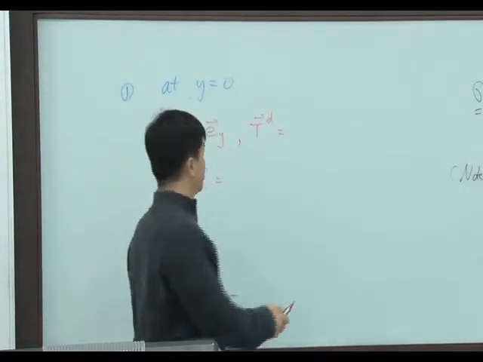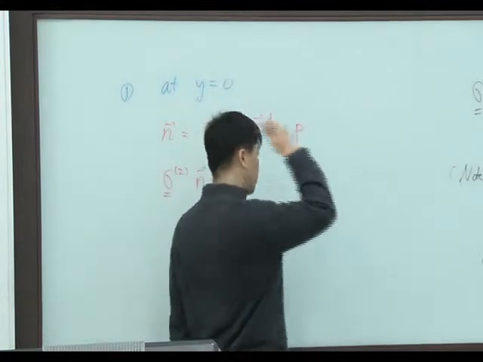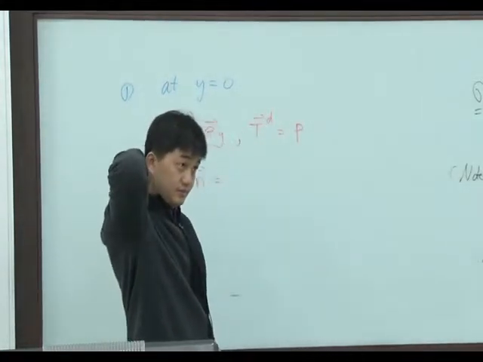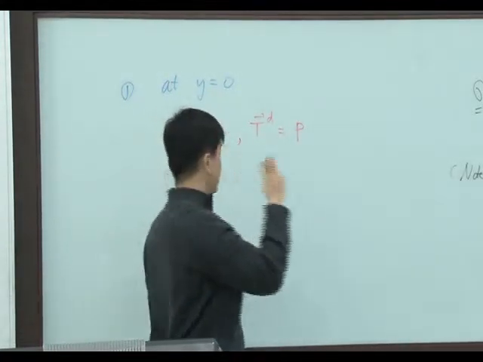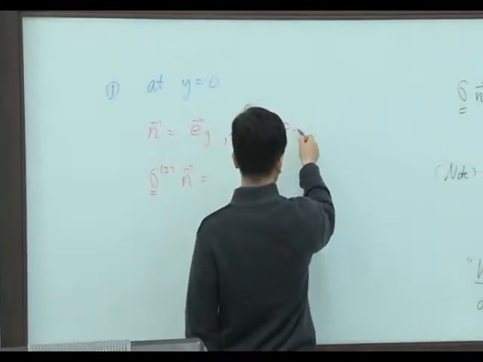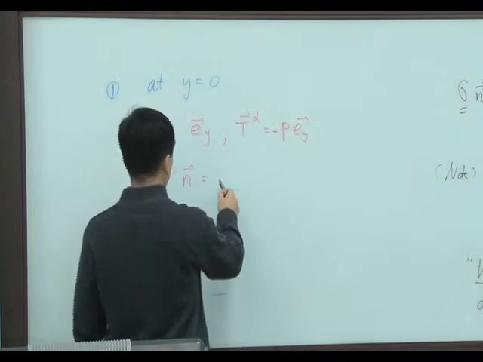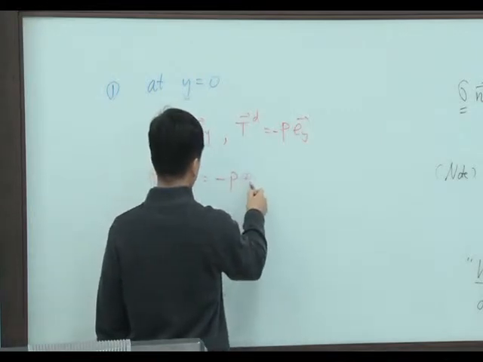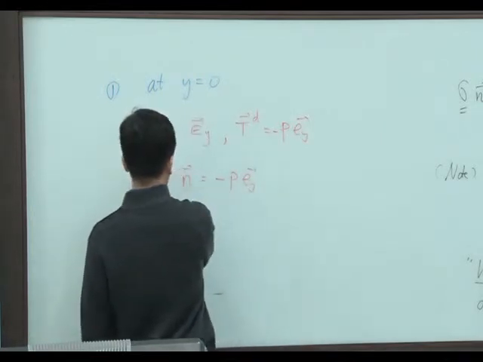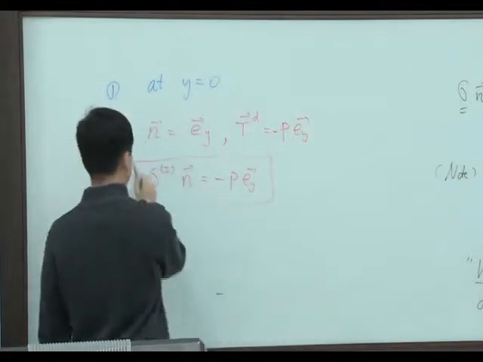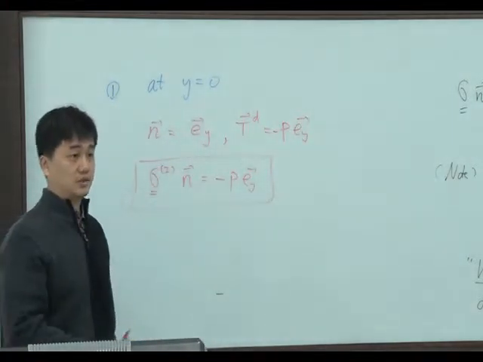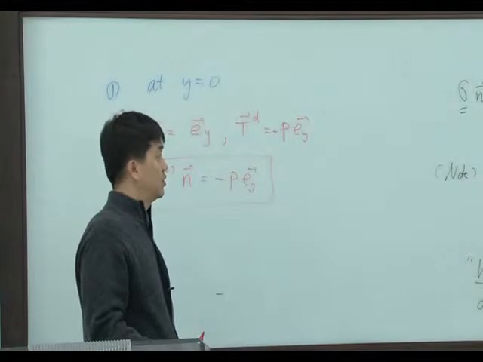Its magnitude is P. What's the direction? Minus E_y, right? So, minus P E_y. This is the equilibrium equation on the surface, right?